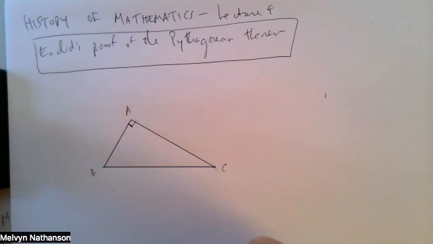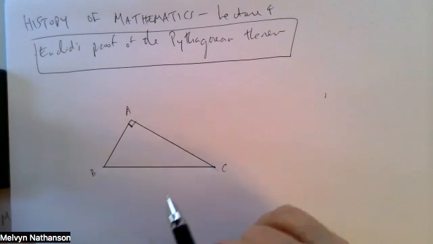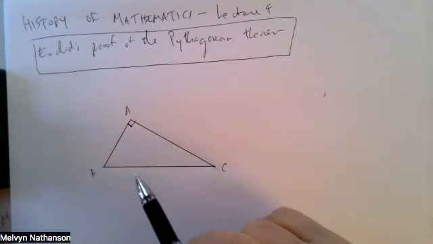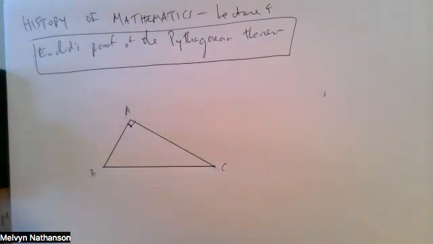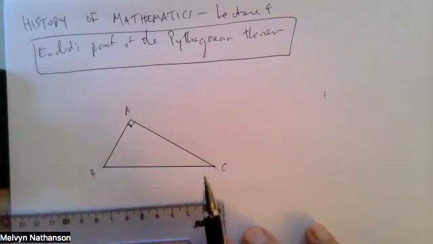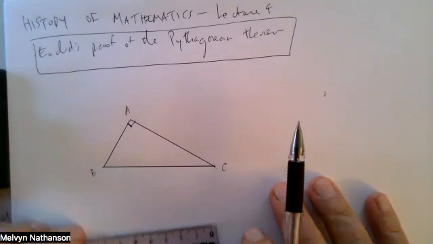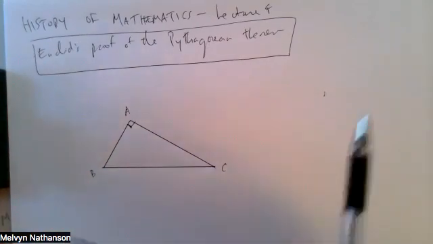And Euclid and the Greeks think about everything geometrically. So on each side of the right triangle, they construct a square. So let me try to do that.